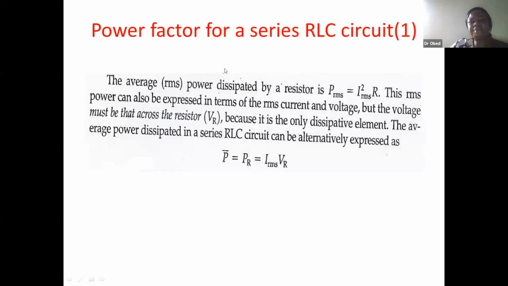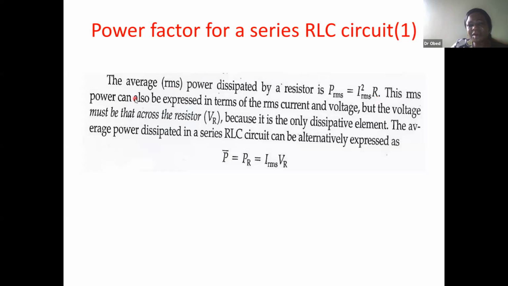Power factor for a series RLC circuit. The average RMS power dissipated by a resistor is P_RMS equals I squared RMS times R, the resistance.